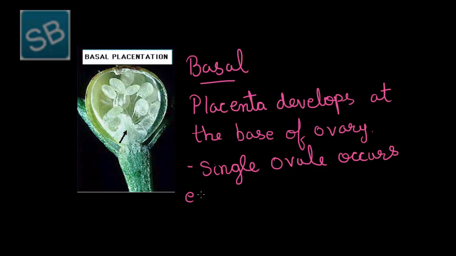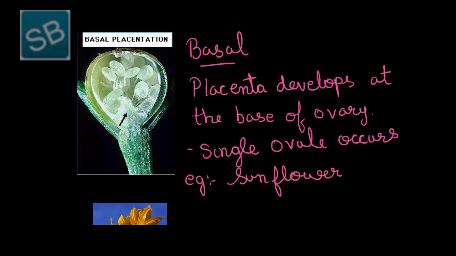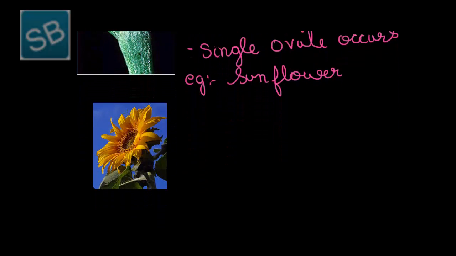Example for this type of placentation is sunflower. Now here, in case of sunflower, as it can be seen from the figure, the placenta develops from the base of the ovary chamber, exhibiting basal type of placentation.